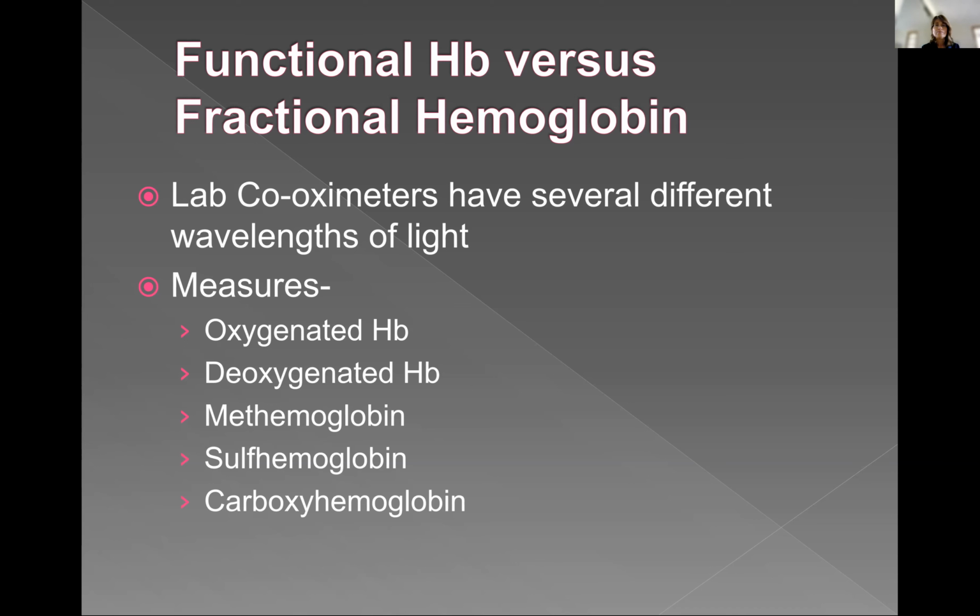Like the ABL 90s that you're using will have a co-oximeter built into it. It measures hemoglobin with oxygen, hemoglobin without oxygen, methemoglobin, sulfhemoglobin, carboxyhemoglobin. There's a couple others that it'll measure directly, the percentage of each of those hemoglobins in the blood gas machine.